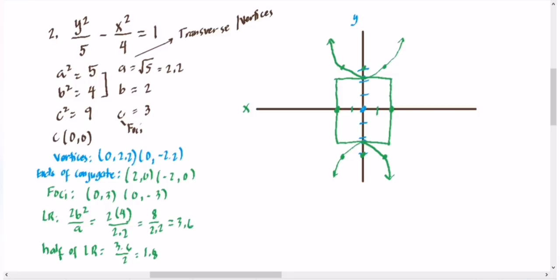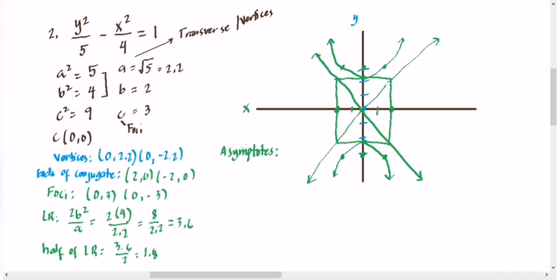Then, gawa na tayo ng diagonals natin. So, mula dito sa point na to, pag ganyan. So, dapat tatama lang sa mga kanto at sa gitna, of course. So, yung dalawang line na yan, yung diagonal lines na to, ang tawag natin dyan ay asymptotes. So, let's get the equation of asymptotes.